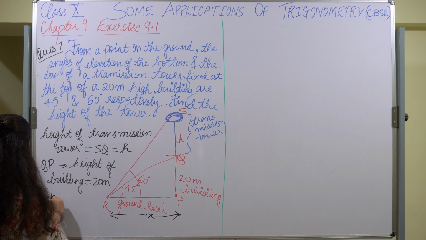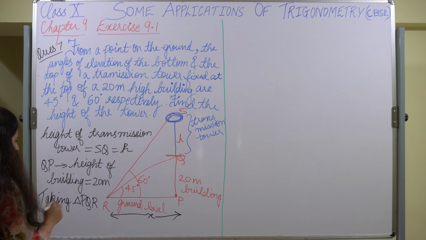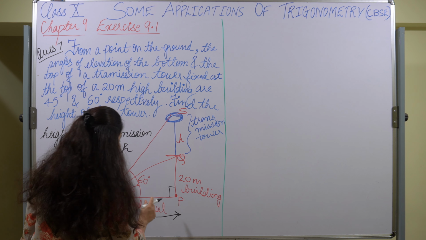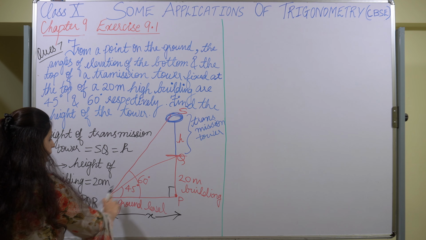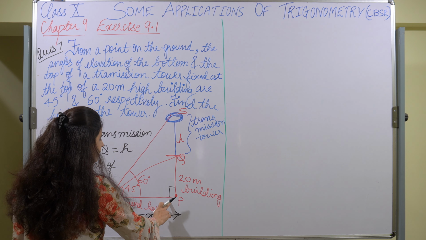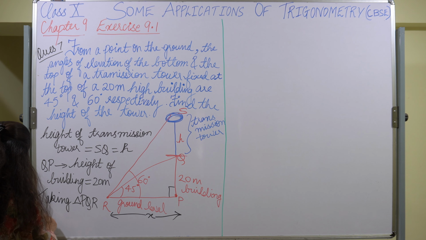In PQR we can easily see this is 90 degrees. RQ is the hypotenuse, RP is the base, and PQ is the perpendicular.